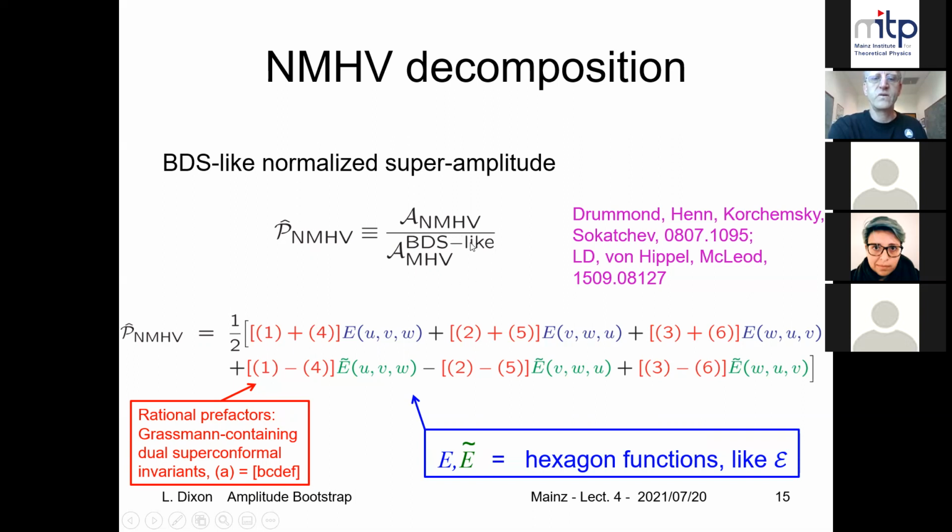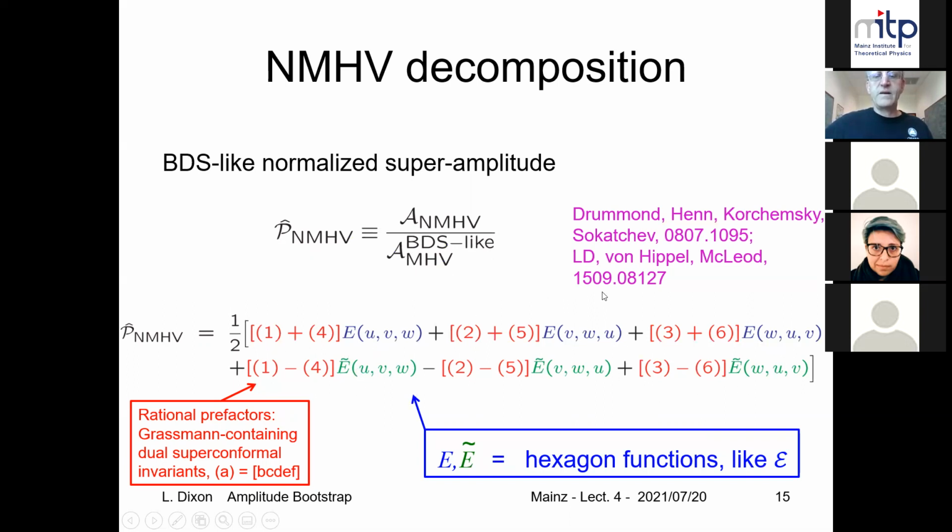And the reason, of course, for doing that is so the Steinmann relations will hold for these quantities, E and E tilde. E tilde is the parity odd piece of that NMHV super amplitude. So you can see that both E and E tilde appear in 3 different permutations.